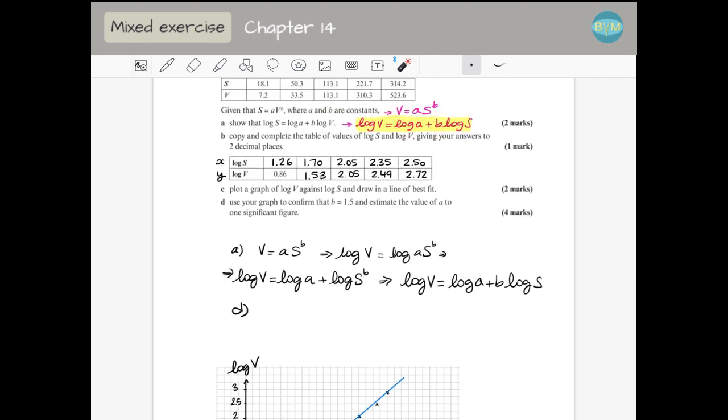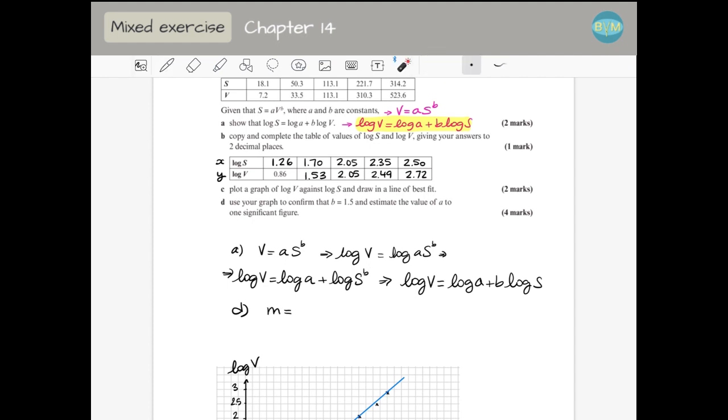So I have Y equals C plus M X, which is a straight line. This one is going to be the gradient because it's multiplying my X. And this one is my Y-intercept, and that's what I have to find. So B is going to be the gradient of that line.